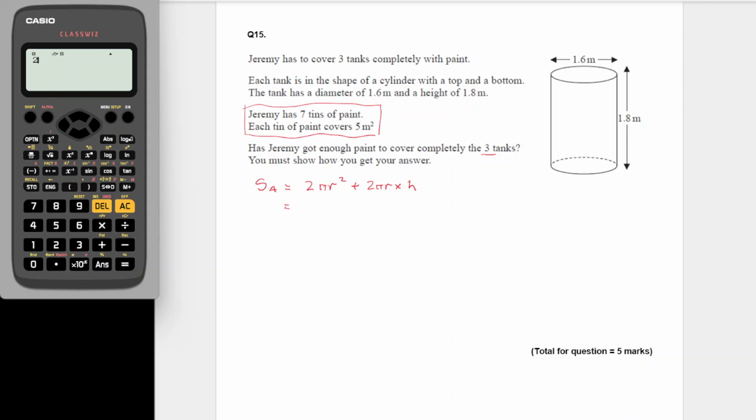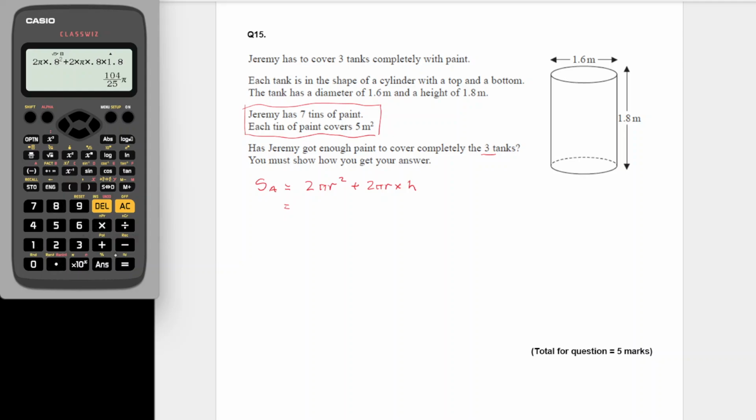And so for the surface area, I'll just type that in. Shift pi times by the radius, which would be half of this, so 0.8 squared, plus 2 times pi times by the radius. I didn't really need the 2 times. Times by 1.8.